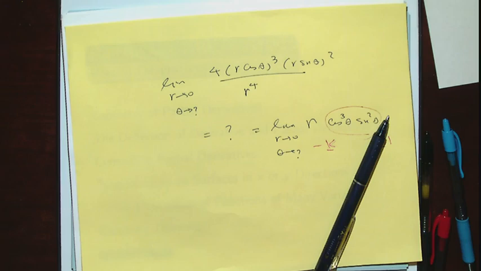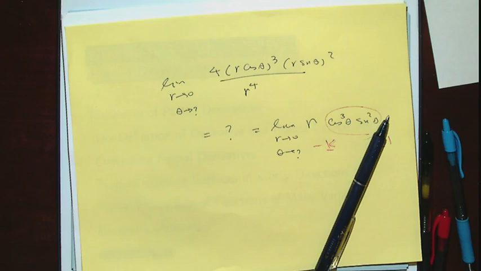I think the hint here is, I simplified that correctly. So you had r to the 4 on the bottom, right? And then, oh, here you forgot. It's r cosine theta to the power 3. So you get r^3 times r.